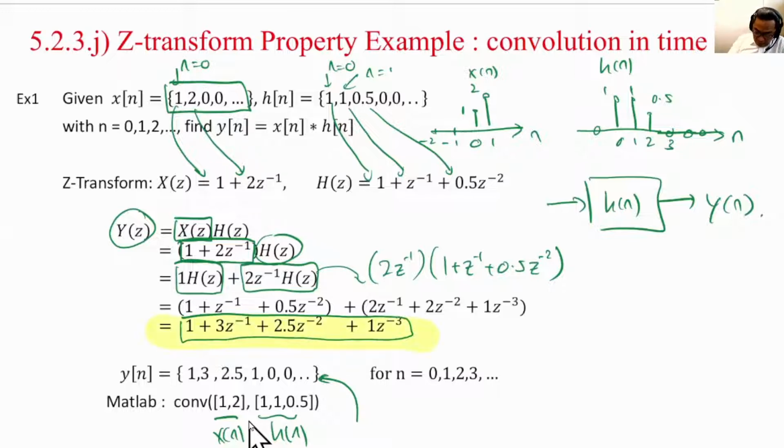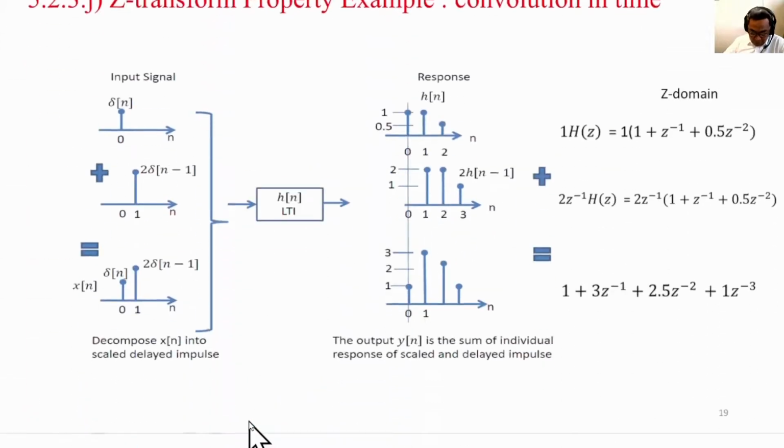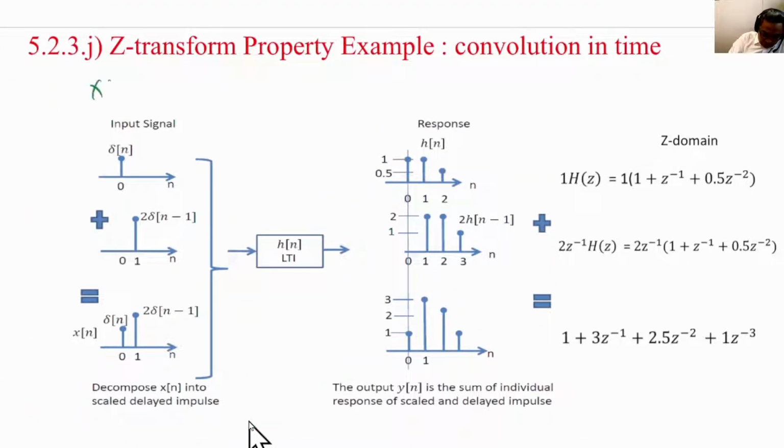Now, I'm going to take some time to study this: 1 times H(z) plus 2z^-1 times H(z). What am I doing? Remember that x[n] is delta[n] plus 2 delta[n minus 1]. So this is the input sequence. By linearity, we break x[n] into two parts, and since the system is linear, we can study it using these two inputs separately.